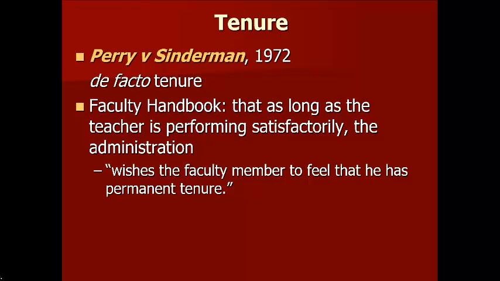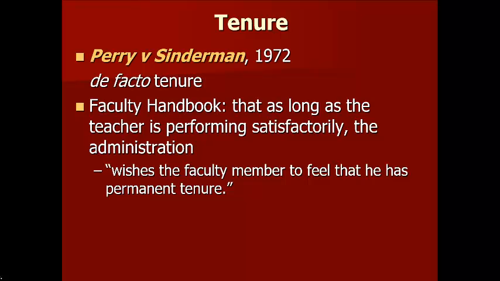And he sued, saying that even though there was not de jure tenure defined by law, this statement in the faculty handbook guaranteed that he had de facto tenure, in other words. And so there was that expectation. So earlier we talked about property interest and liberty interest, and in property interest we talked about tenure status, contracts, and the third one was the expectation.